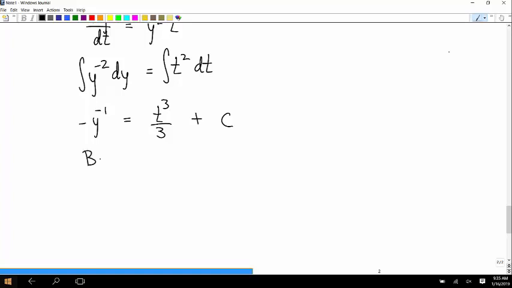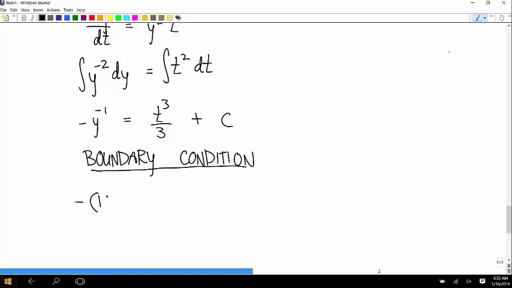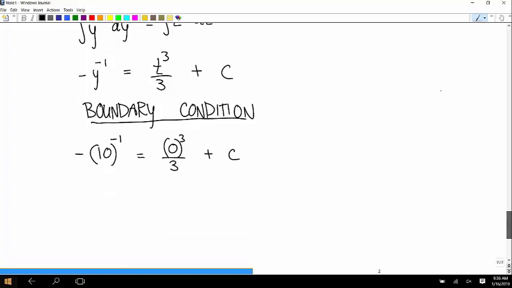So the boundary condition says negative 10 to the negative 1 is equal to 0 to the third over 3 plus c. So c is equal to negative 1/10, or negative 0.1.